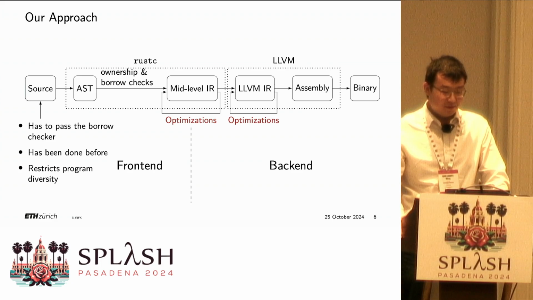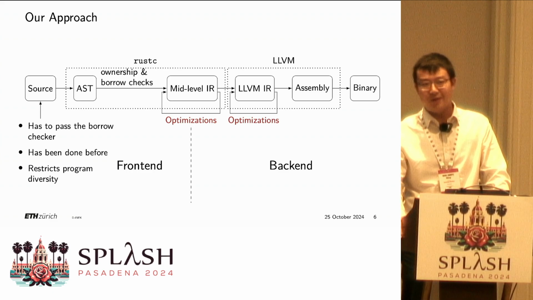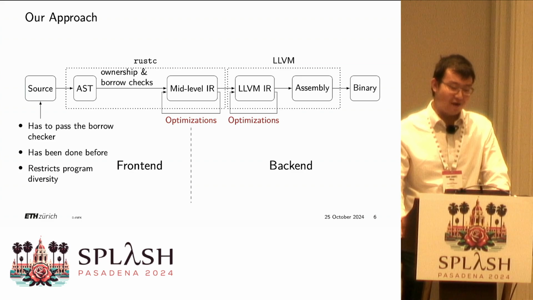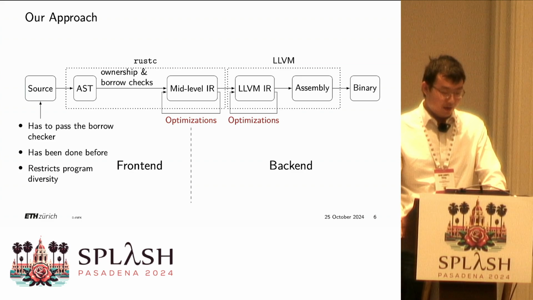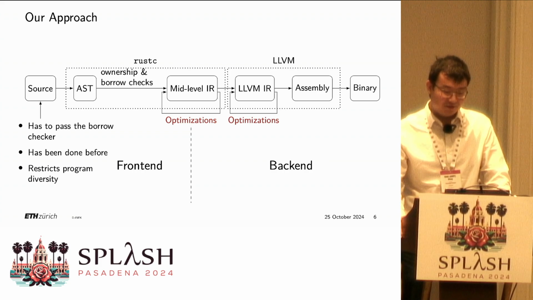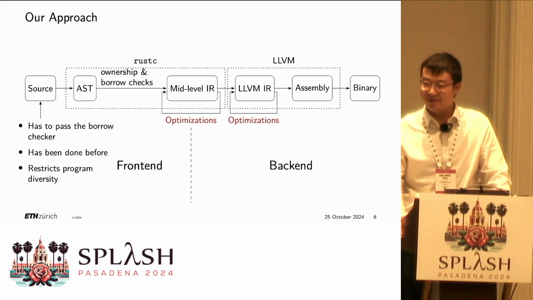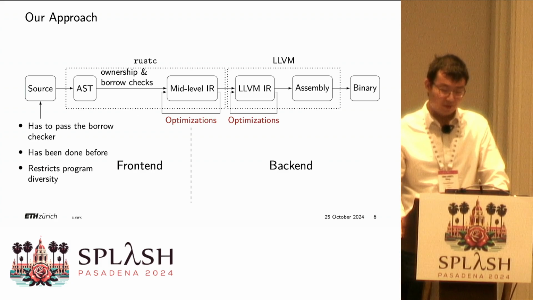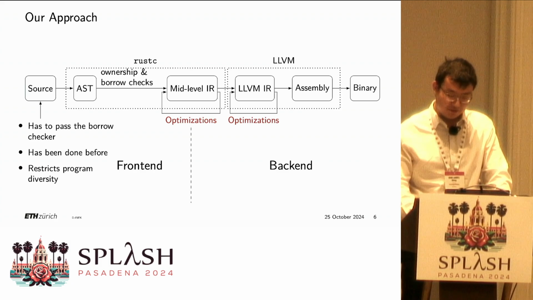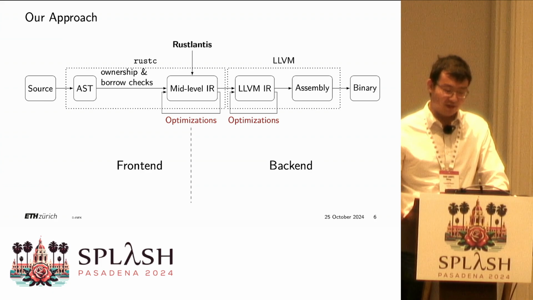Additionally, the Rust compiler, especially at the MIR stage, is allowed to transform code in a way that is correct, but would otherwise break the borrow checking rules. So generating surface Rust would actually restrict the diversity of our programs. For these reasons, Rustlantis will not generate surface Rust and will instead produce the mid-level IR directly.